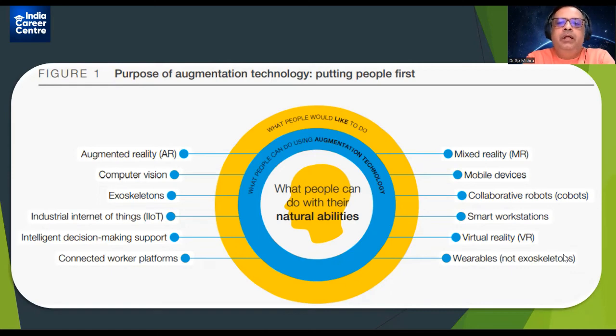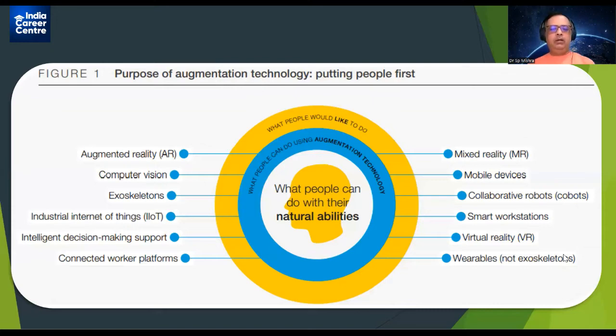Technology will be adopted in every form of our walk of life. So we have to learn how to adapt ourselves to work along with the technology. I mean, that is the future. So at the center of it, obviously, we have the people, which is the most essential part of any organization or society.